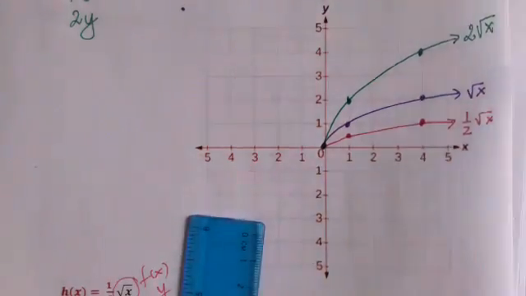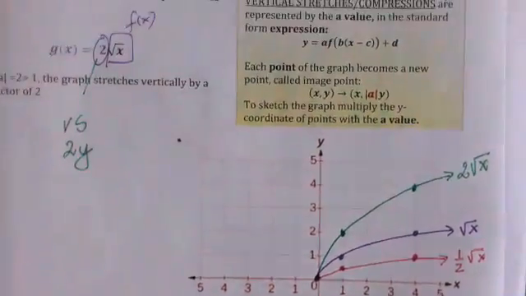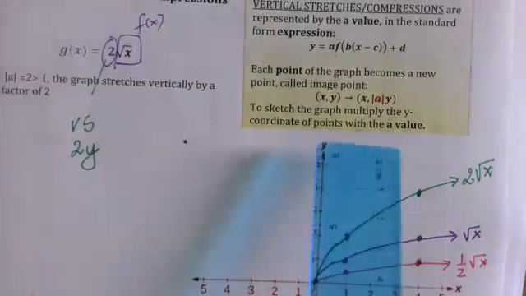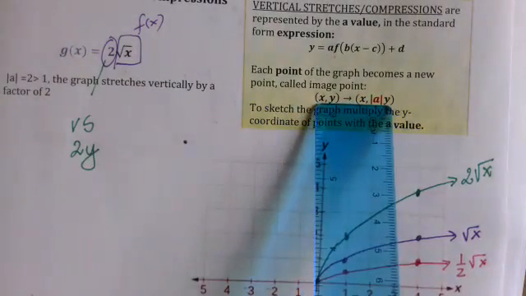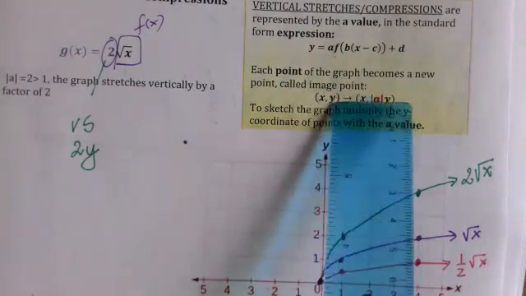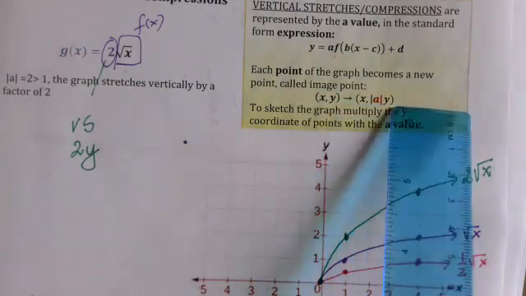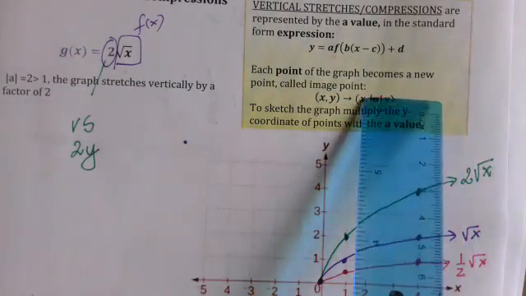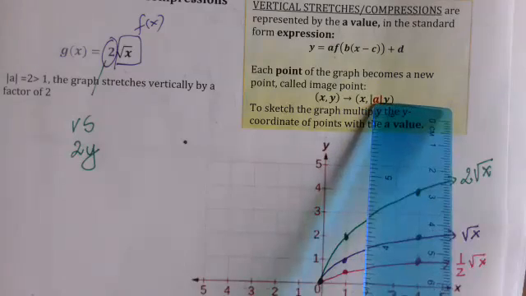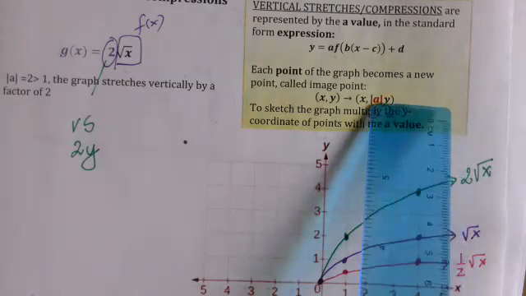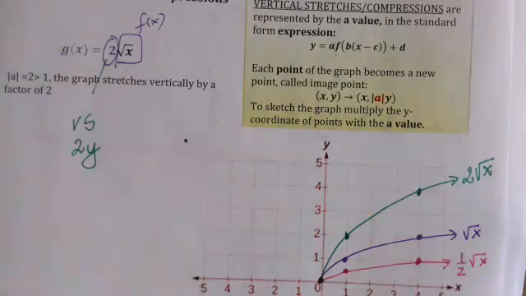Each of the points of the new graphs, the image points we call them, can be described by this relationship. So an original point (x, y) becomes a new point (x, a times y), so x stays the same. Where does this a come from?